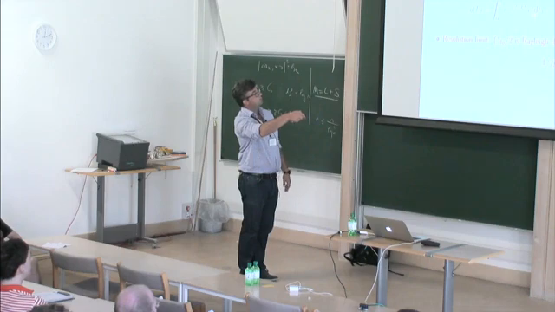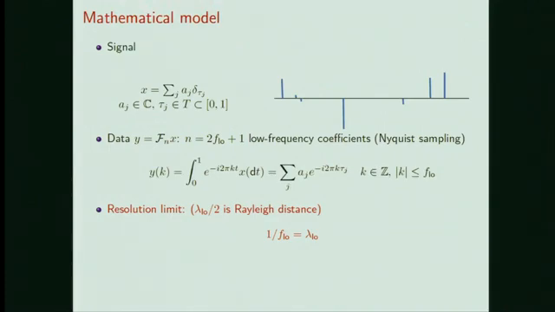So now I'm going to observe moments of this signed measure, which we're going to call a spike train, and we're going to measure the first few Fourier coefficients of this spike train. We measure Fourier coefficients by the usual formula, but now k is an integer, and I have a frequency cutoff, so I can only see the first few moments.